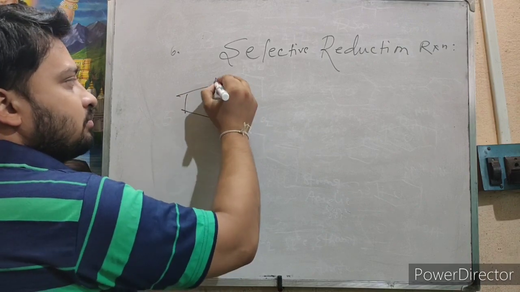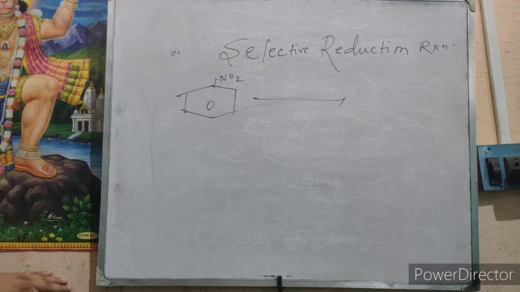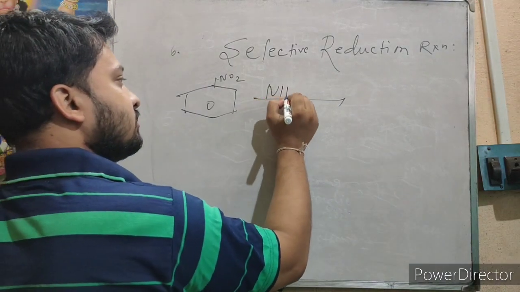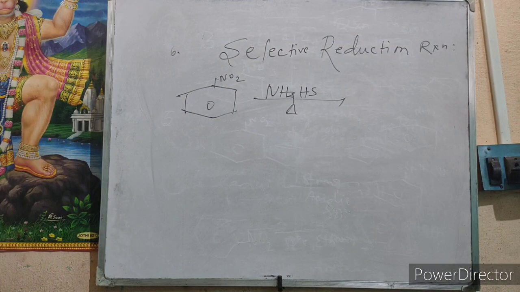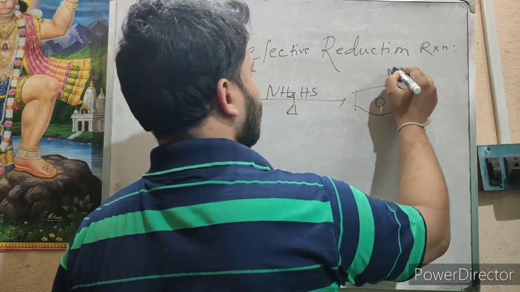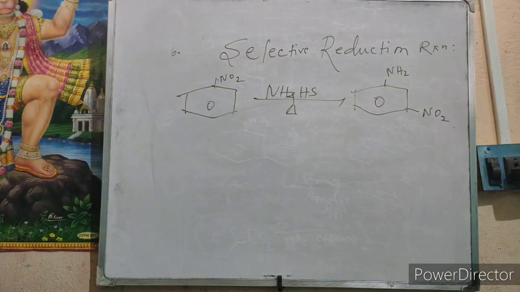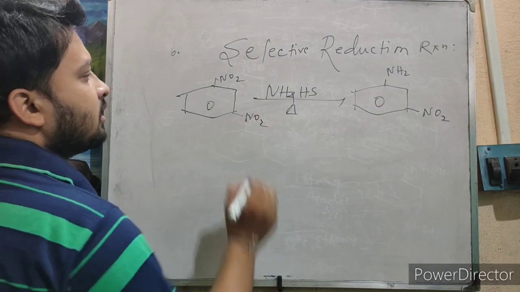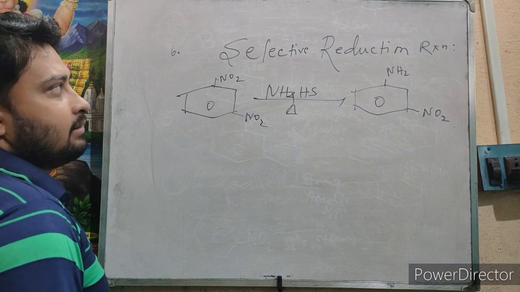You have nitrobenzene and you want to react it with NH4HS in the presence of heat. Okay, then you can get meta-nitroaniline. If this is meta-dinitrobenzene, it gives you meta-nitroaniline.